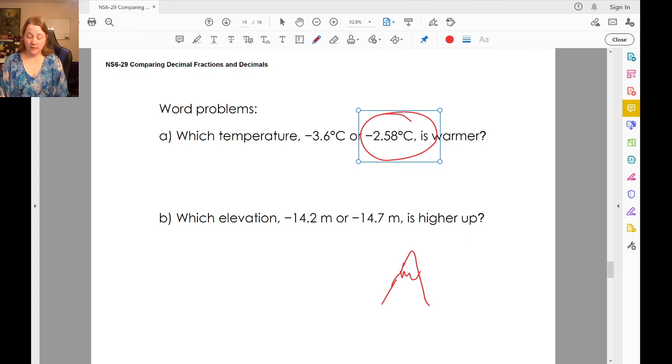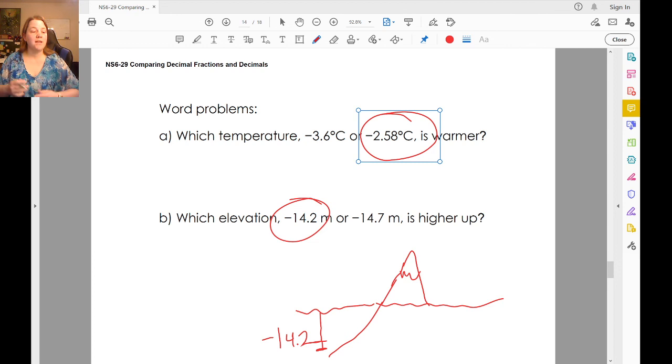But this time the elevation goes into the negatives. So that's going to go below sea level. Negative 14.2 goes down a certain amount, 14.2 meters exactly. Negative 14.7 goes just a little bit deeper. So we want the more shallow one so that we can be higher up and closer to the water, because breathing, I've heard, is important.